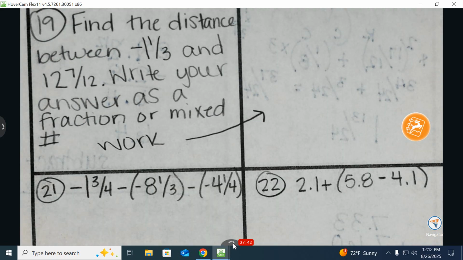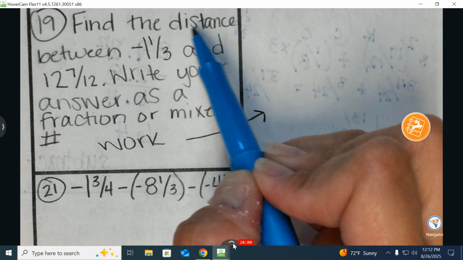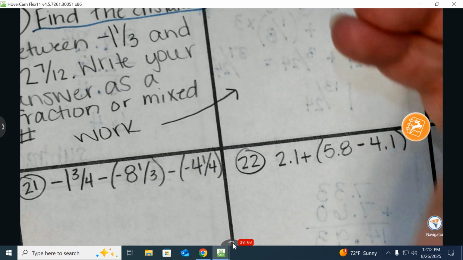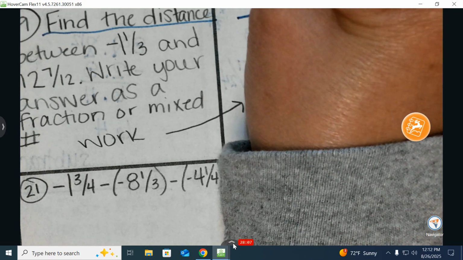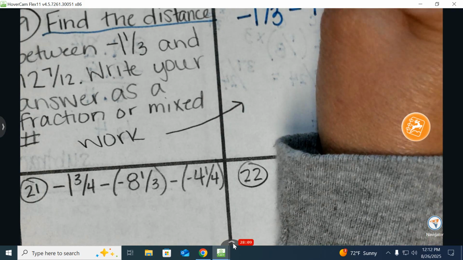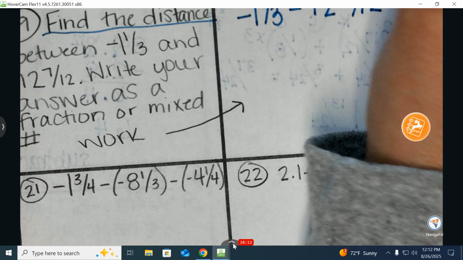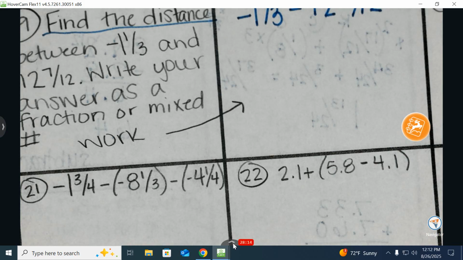All right, 19. Find the distance between -1 1/3 and 12 and 7/12. It says to write your answer as a fraction or mixed number. Find the distance always means to subtract. So you're going to say -1 1/3 minus 12 and 7/12.